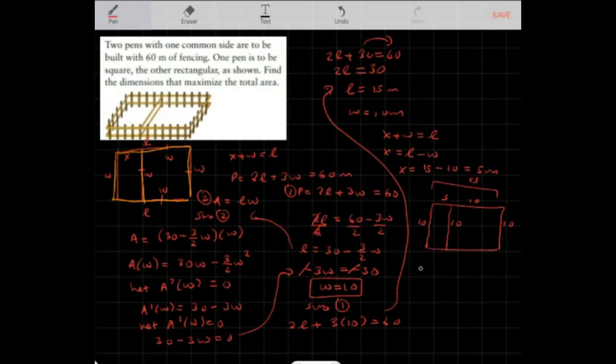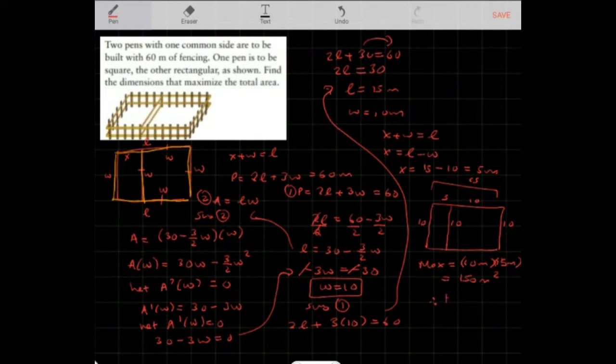If we want to figure out the maximum area, it would be the width times the length, which would be 10 meters by 15 meters, and that should give you 150 meters squared.